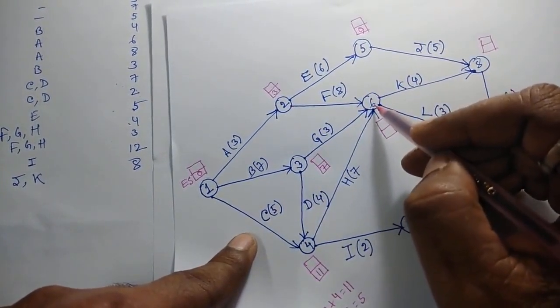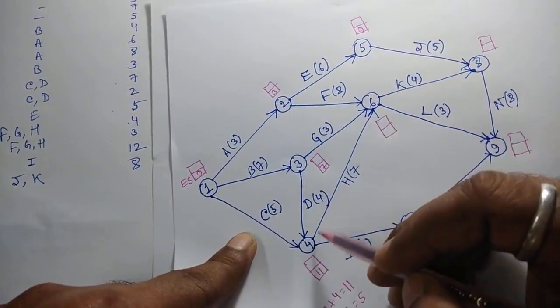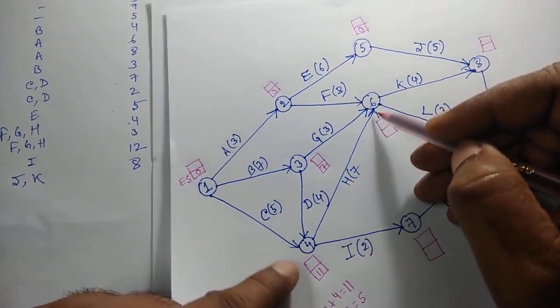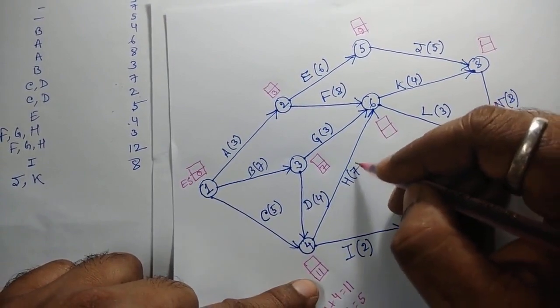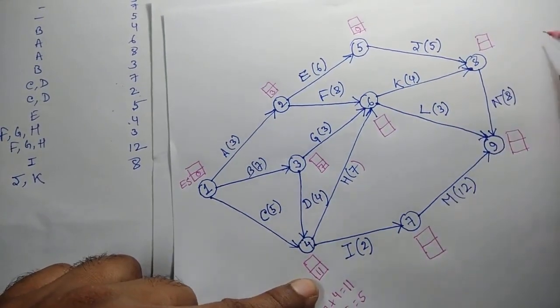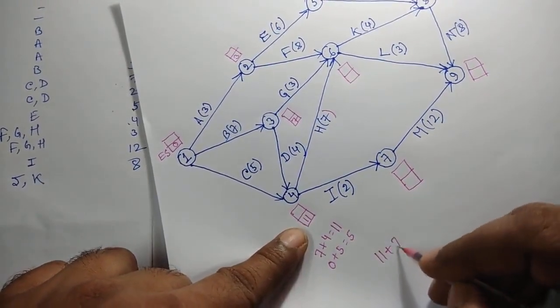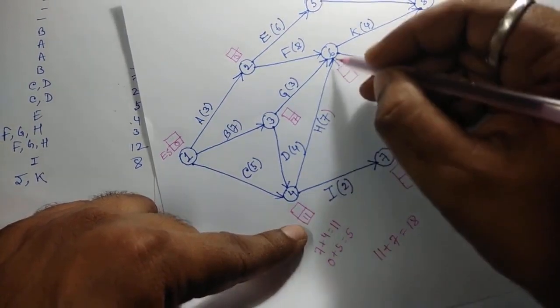For node number 6, we have to consider this path, and also this path. So for this path, it will be 11 plus 7, equals 18.